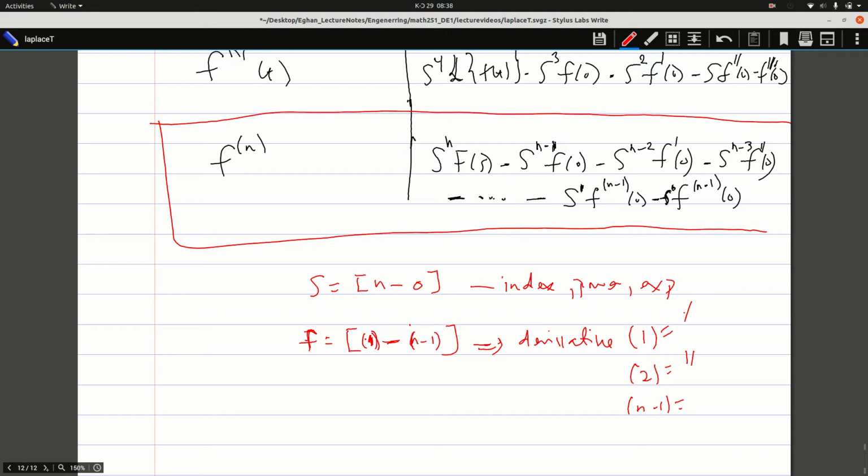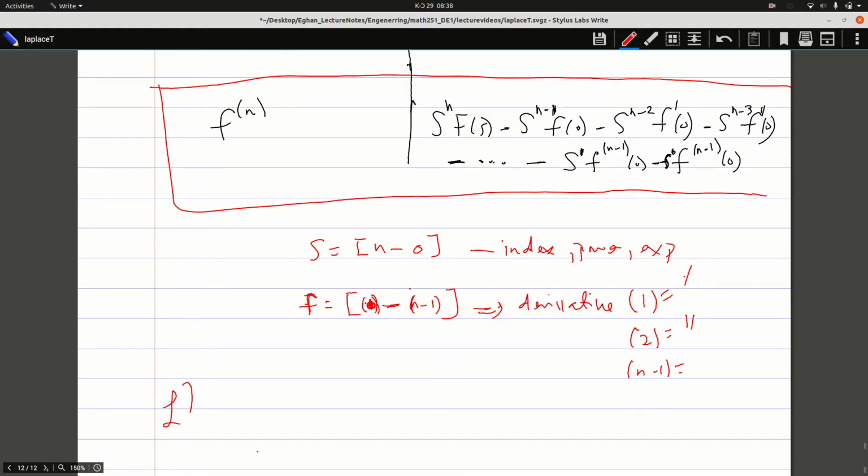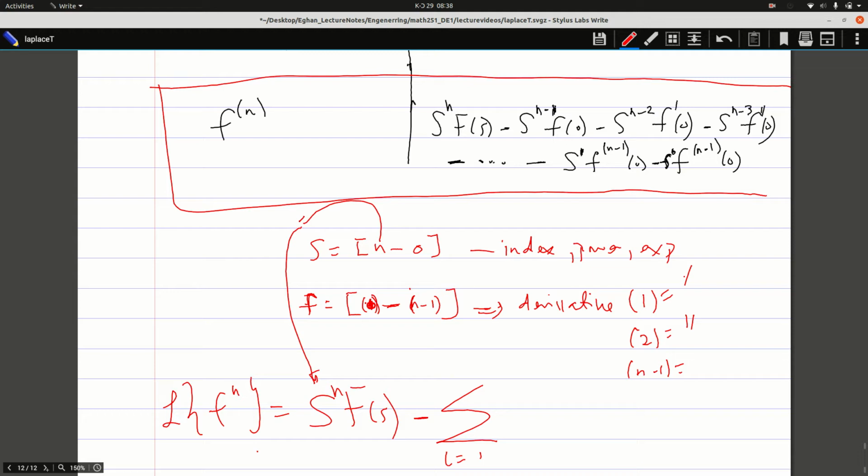Sorry, start from 0. 0 means that there's no derivative, up to n minus 1. So I can have a recurrence formula such that the Laplace transform of the nth derivative is equal to the first term, s to the n times F of s, minus, if I want to take off this nth component, a summation with i running from 1 to n of s to the n minus i, f to the i minus 1 of 0.